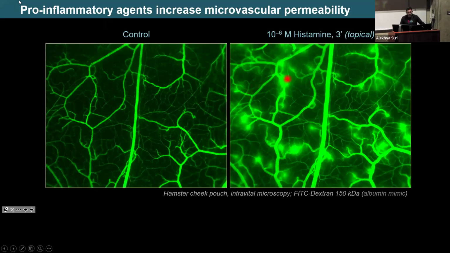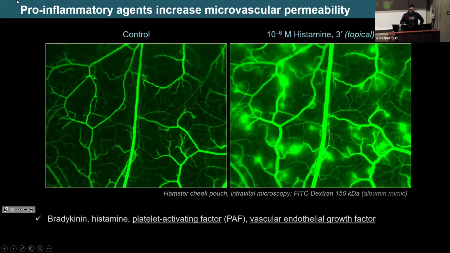And something that's, I think, important for you to understand is that those foci are only located in post-capillary venules. The sites of leakage only occur in post-capillary venules, right? So this thing that you see with histamine can be replicated with mediators like bradykinin, histamine, platelet activating factor, and also VEGF, right?